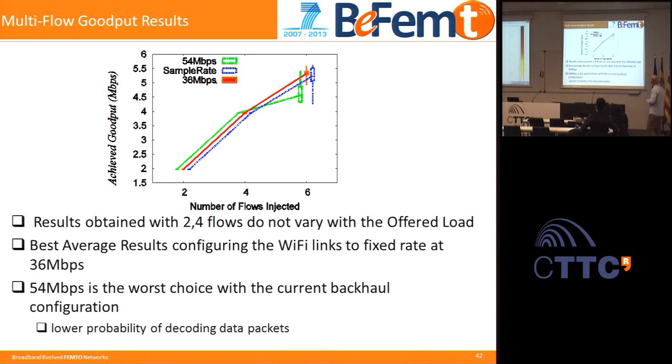As we can see here, the one that behaves best was the 36 megabits configuration. Sample rate shows more variability, given that the behavior of this algorithm is to try to go to a higher rate if no losses are experienced. And 54 megabits was the one that got the worst results.